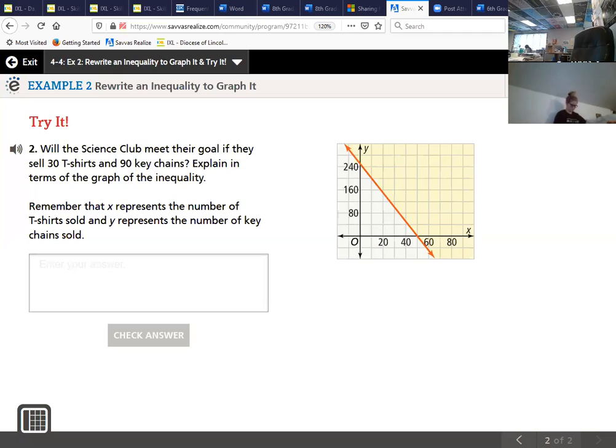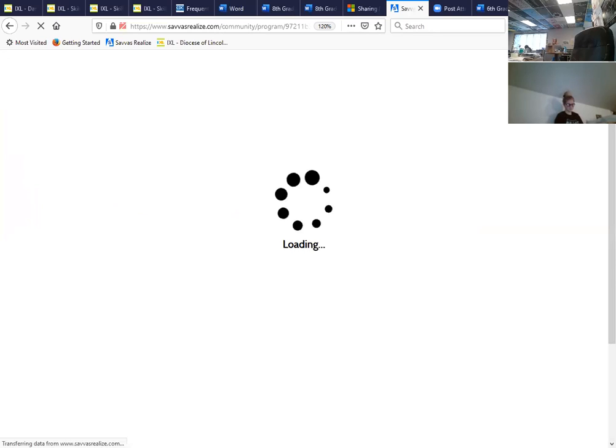So if you see one where they give you a graph and want you to write the inequality, we haven't gotten to that yet. But you might be able to figure it out if you really want to. I'm just going to show you real quick in the homework what it's going to look like.